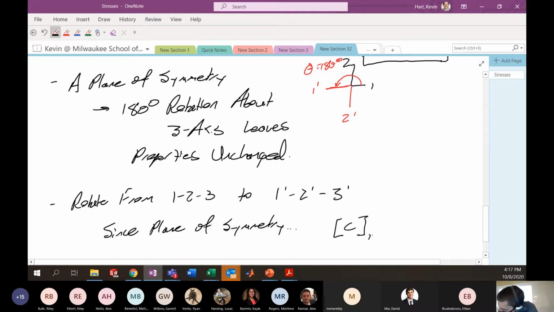The stiffness matrix in 1, 2, 3 is going to be equal to the stiffness matrix after our rotation, 1', 2', 3', because this is a plane of symmetry. And that makes sense when you look at this picture. If I just take this 1, 2 plane and rotate it 180 degrees, it's going to behave the same way as it originally did. It's pretty easy to see and understand that, I hope.